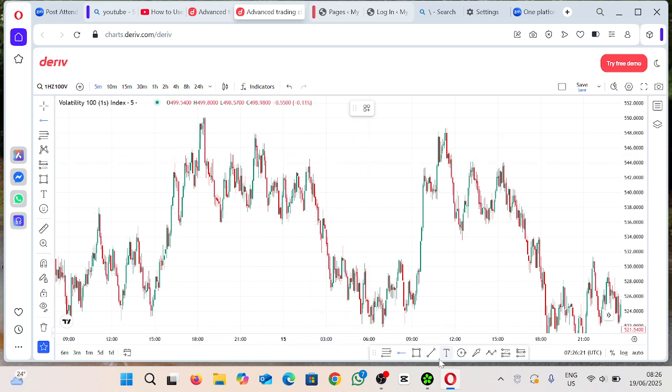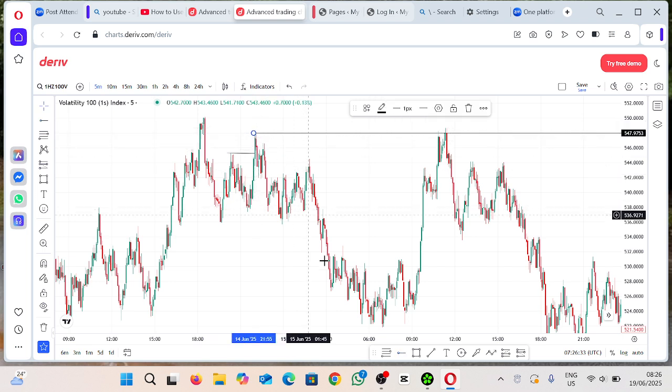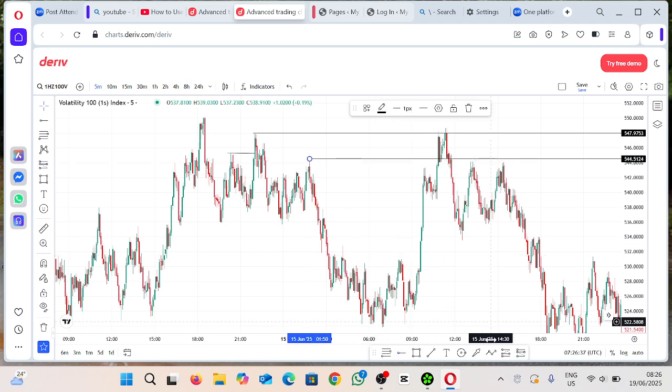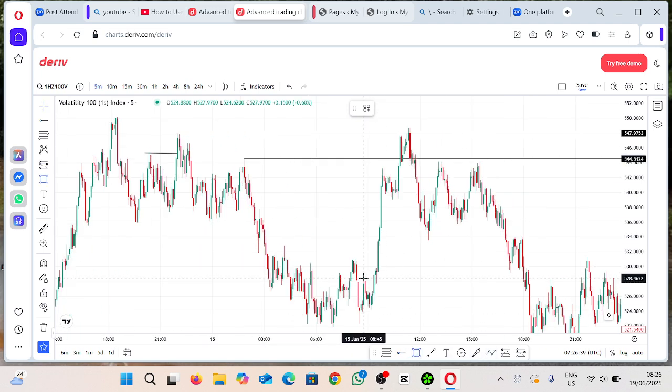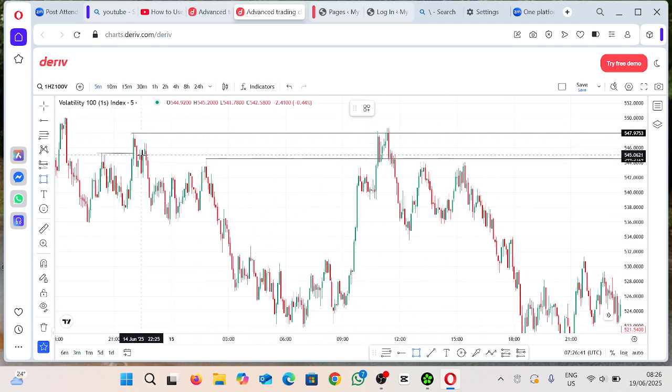First of all, this is our sweep of liquidity. It's another sweep of liquidity. This is your protected high. This is your structural liquidity. Do we have a valid supply candle here? Yes, we have a valid supply candle here.